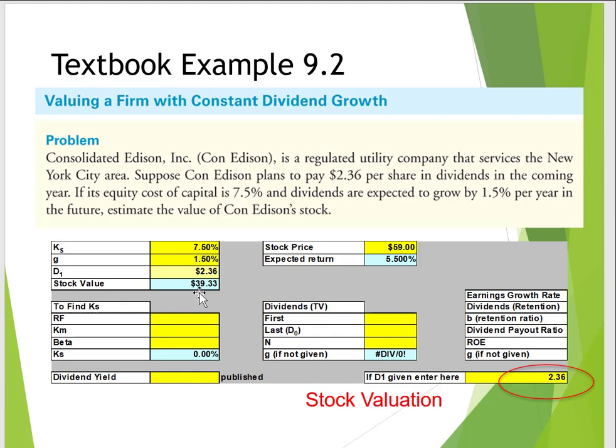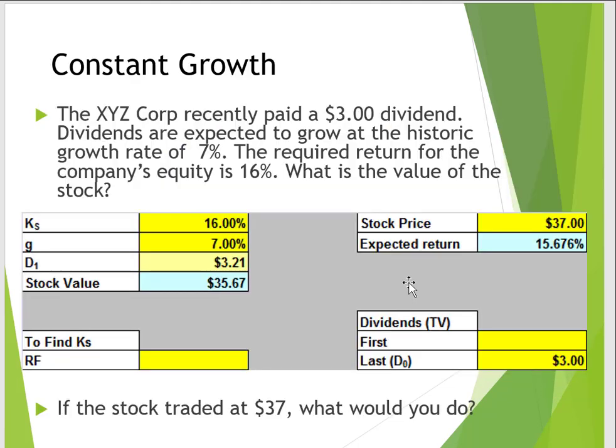And the answer, of course, is no. Also, if you calculate the expected return, if you paid $59, you'd earn roughly 5.5%, but the required return that you want, the cost of equity, is 7.5%. So if you wanted 7.5%, you never would buy the stock if you were going to get 5.5%.